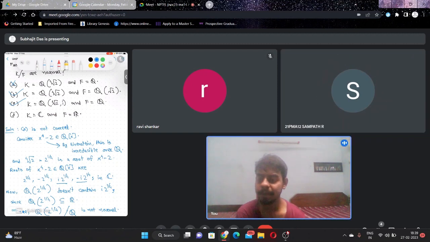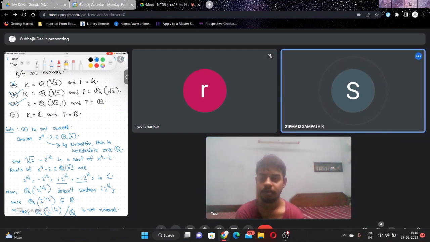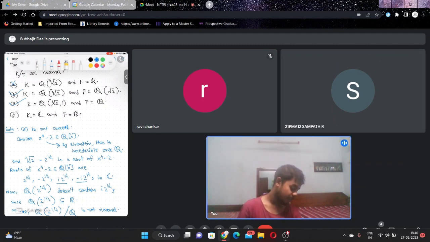What is the minimal polynomial of I over R? It's x square plus 1, right? X square plus 1 in R[x] is an irreducible polynomial and I is a root of this polynomial, which means that I is algebraic over R, so the extension R(i) over R has to be a finite extension, and in fact the degree of this extension is precisely 2.